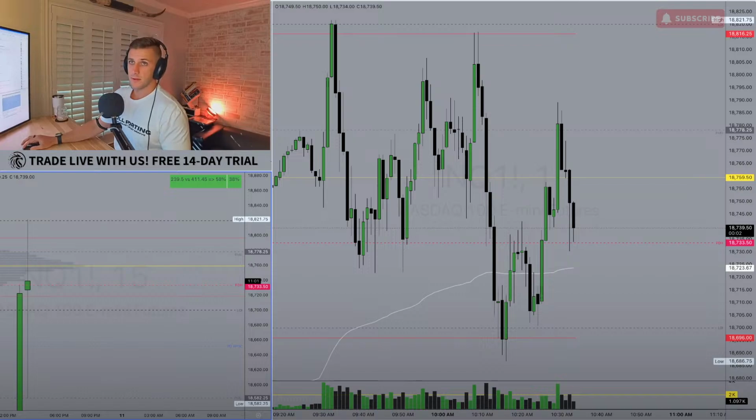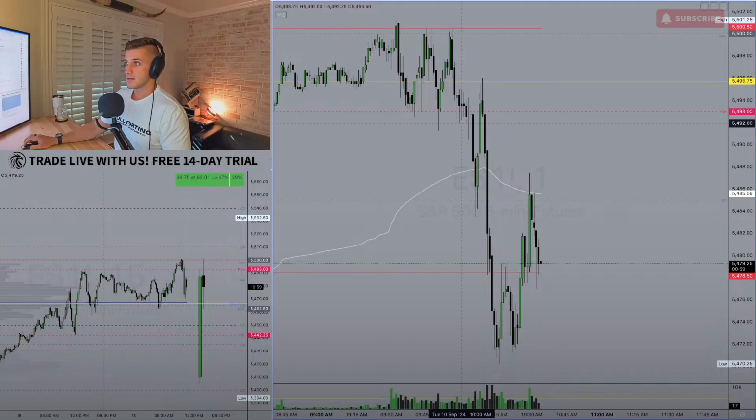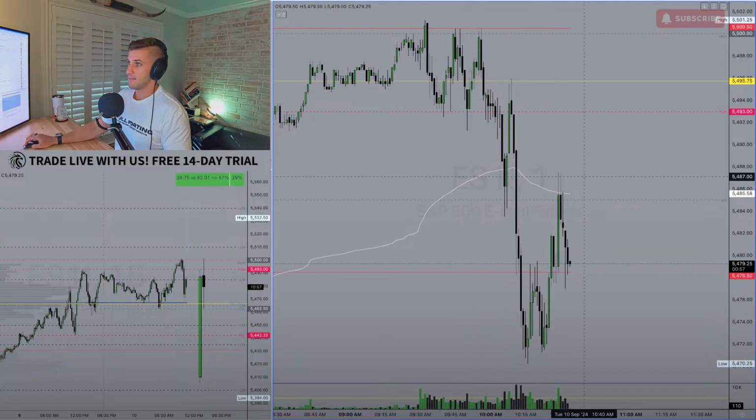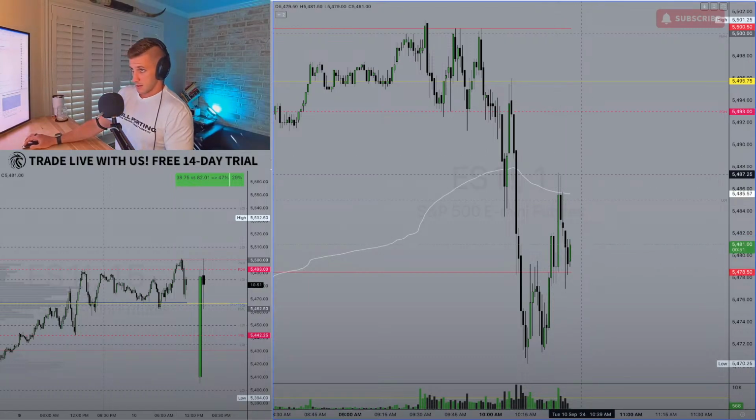How are we doing with ES? Let's see. Oh, wow. Back into VWAP. 54.85, good rejection spot. That's a good short. A little bit of the 2-hour trader framework there.